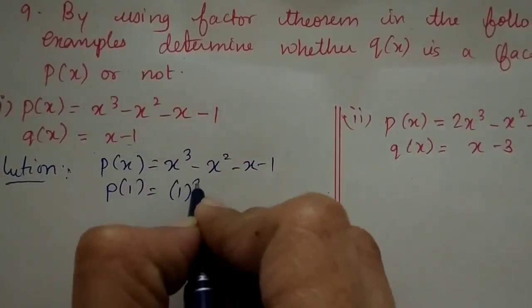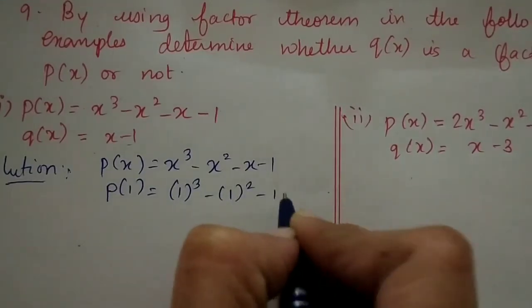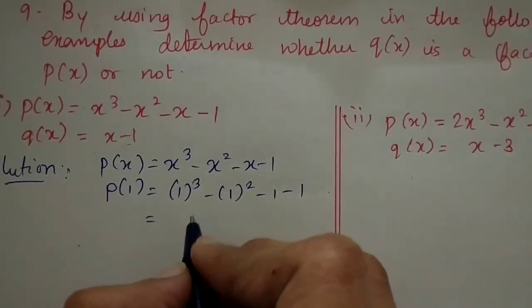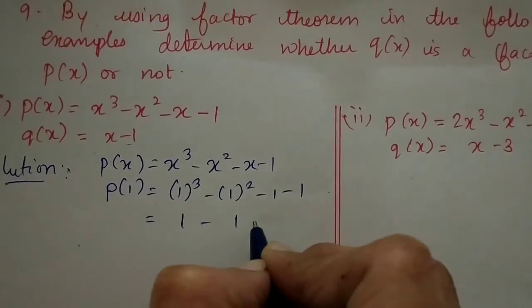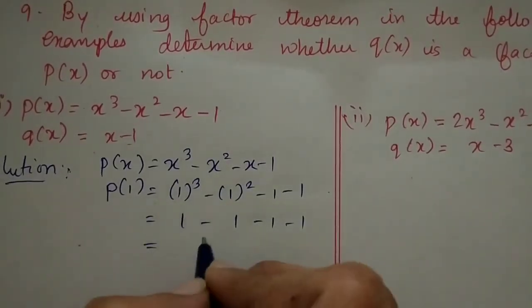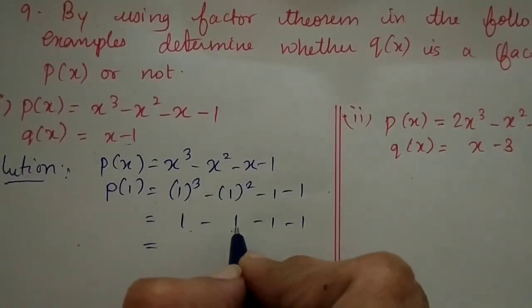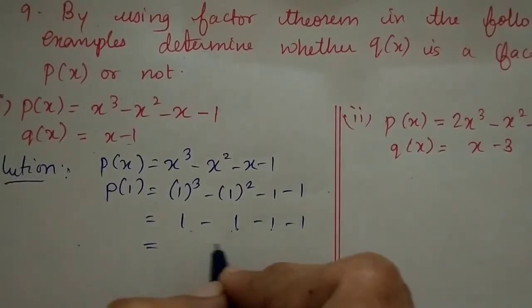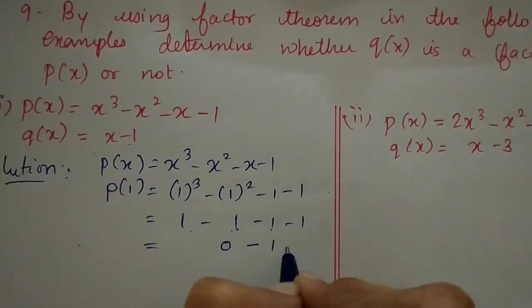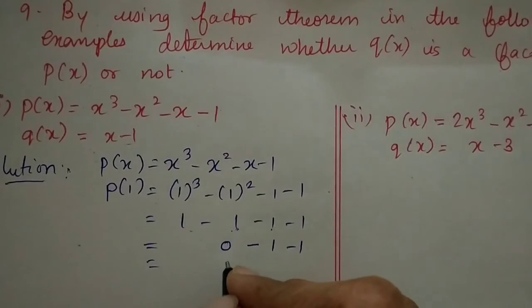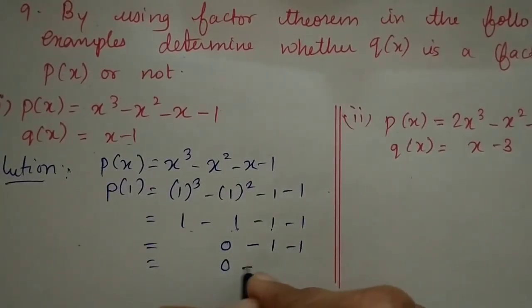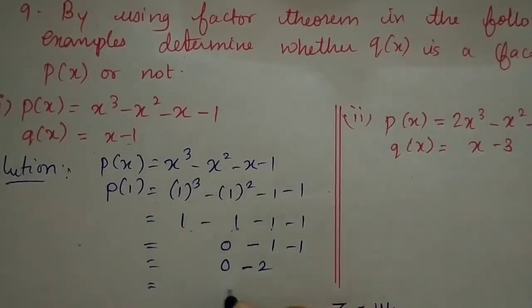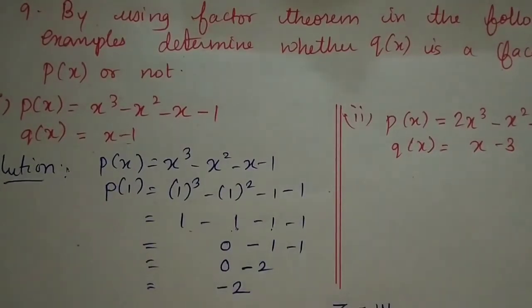So 1 cube minus 1 square minus 1 minus 1. So 1 cube will be 1, 1 square will be 1, minus 1, minus 1. So 1 minus 1 will be 0, 0 minus 1 will be minus 1, minus 1 will be minus 2. So your answer will be minus 2.